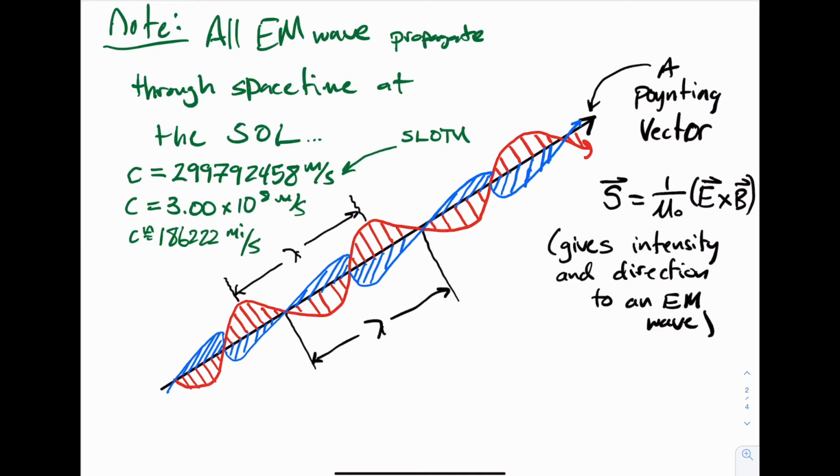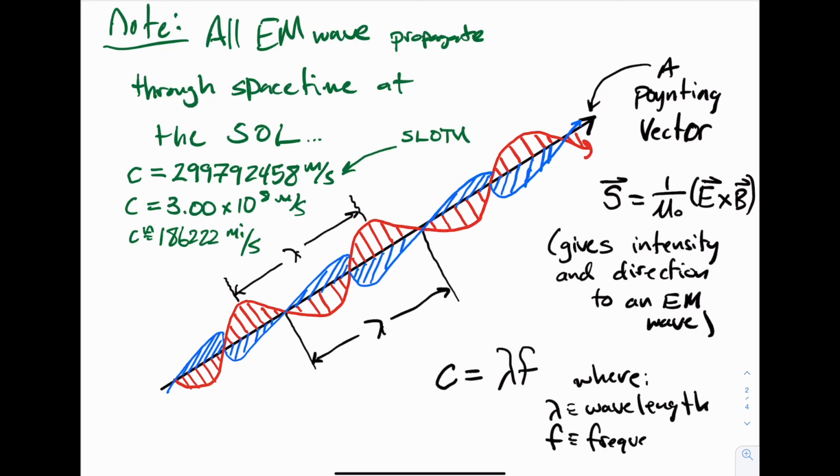And we know that the wavelength and the frequency of the electromagnetic wave always yield the speed of light. We can show that with this equation: c, the speed of light, is equal to the product of lambda times f, where lambda is the wavelength and f is the frequency of the electromagnetic wave.